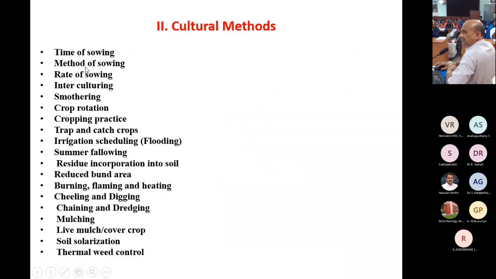And cultural methods, time of sowing, maintaining proper time of sowing. So delayed sowing affects the emergence of weeds. And interculturing operation, so no need to tell about this. Then crop rotation in order to overcome the problem of weeds, especially problematic weeds like striga in case of sorghum, or orobanche in case of tobacco.